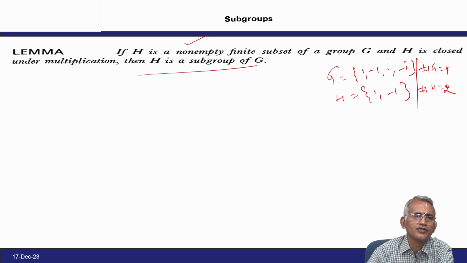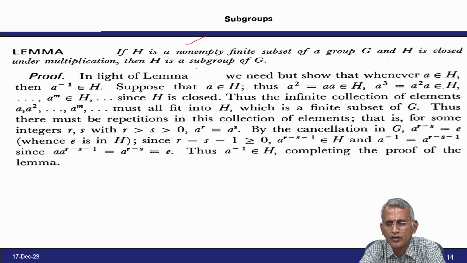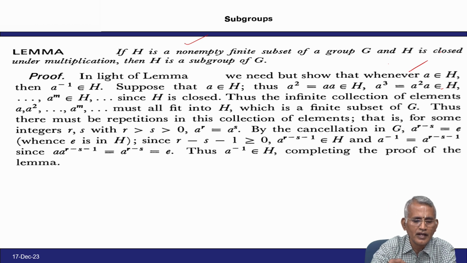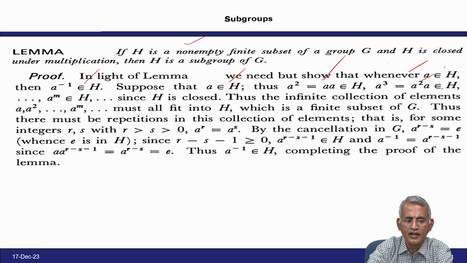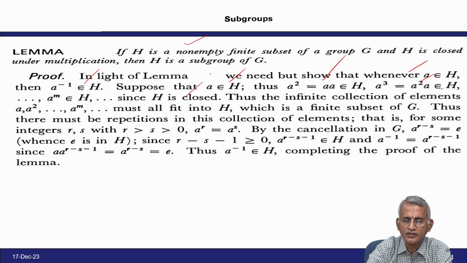Now we have a proof to show that whenever A is in H, then A inverse is in H. Suppose that A is in H, then A square equals A into A, which is in H. Similarly, A cube can be written as A square into A in H, and we can extend it to any power of A. Therefore A power m in H implies H is closed.